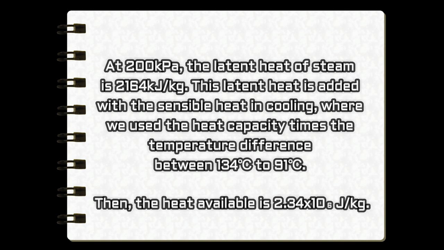This latent heat is added to the sensible heat in cooling, where we use the heat capacity times the temperature difference between 134 degrees Celsius and 91 degrees Celsius. Then the heat available is 2.34 times 10 to the power of 6 joule per kg.